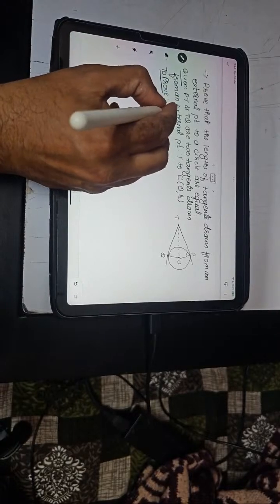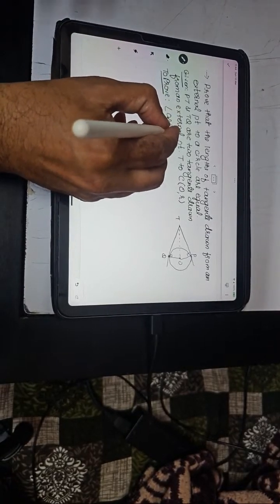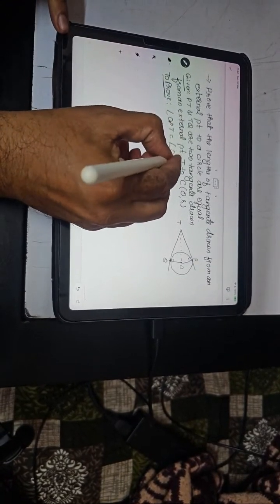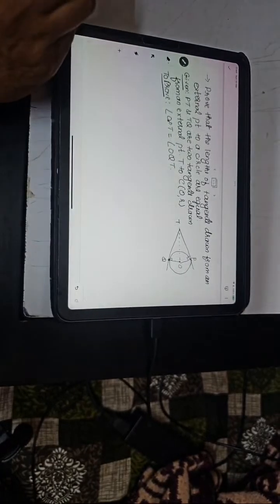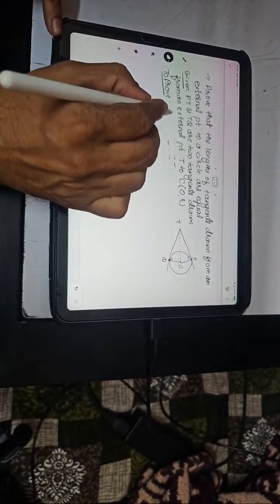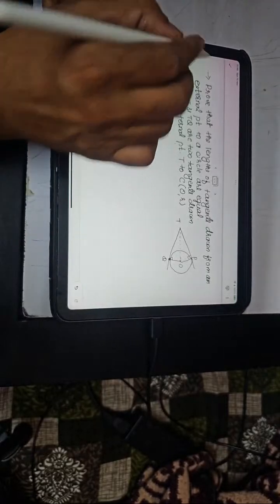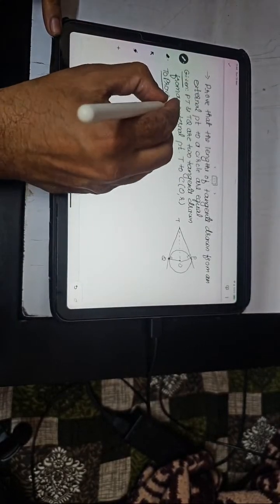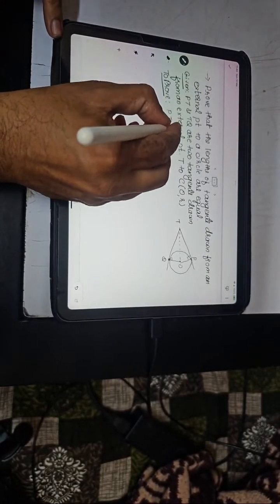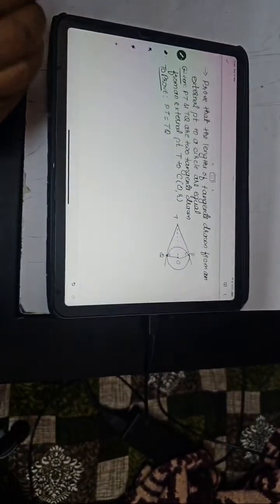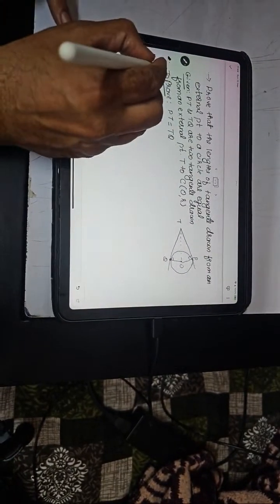He is asking us to prove that this is the first theorem. So it will be PT equal to TQ. We have to prove that they are equal. So, see, proof.